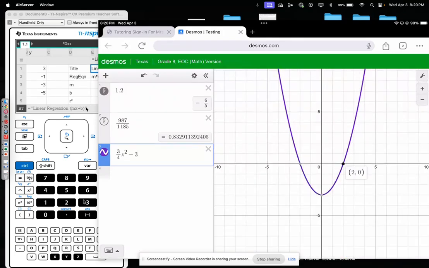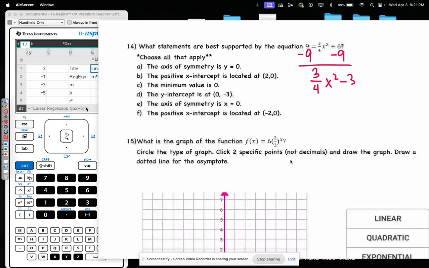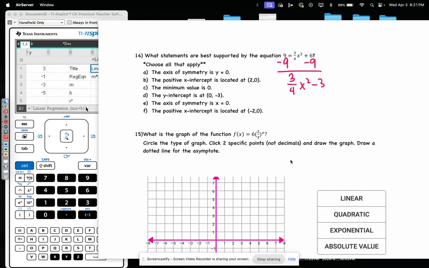So I can see a lot of things here. I can see my roots. I can see my vertex, right? So I know this is also my axis of symmetry. So I'm going to go ahead and sketch this on my paper so I don't have to keep going back and forth. And it happens to be a minimum vertex.